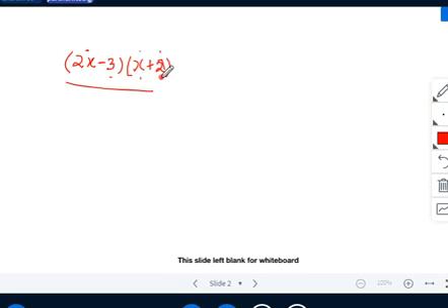Yeah. So first is 2x multiplied by 2 is 4x. Then 2x multiplied by x is 2x squared.